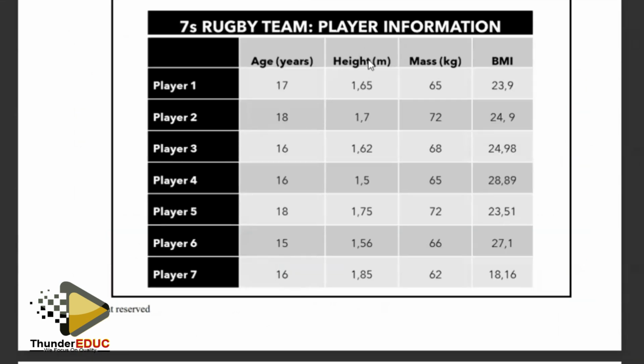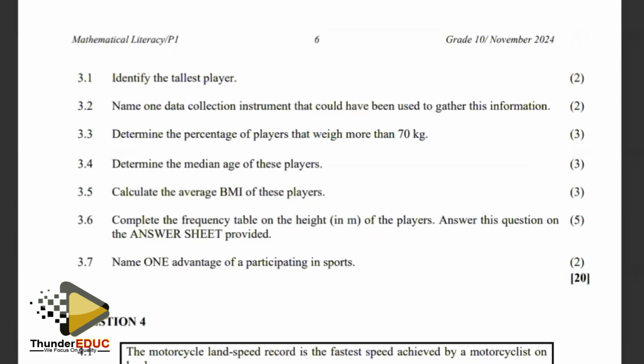The tallest, we come to height. What is the highest? It was 1,85. So the player here is player 7. Name one data collection instrument that could have been used to gather information. This could have been a questionnaire. It can be observation, a questionnaire or an interview. But a questionnaire would have been okay.